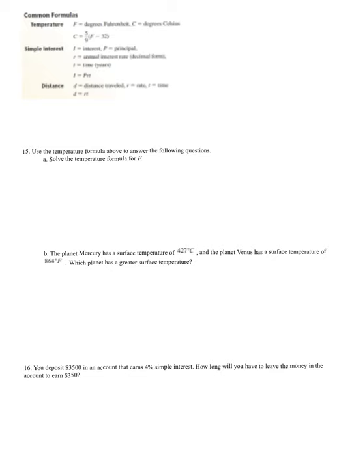Okay, so here are some more common literal equations that you might run into. We're going to start with the temperature formula, and we're given C, which is Celsius, equals 5/9 times Fahrenheit, or F minus 32. So if I want to solve for F, I need to get the 5/9 over by multiplying by the reciprocal, which would be 9/5.